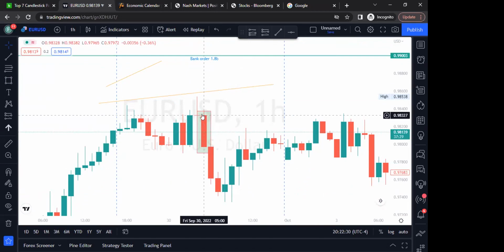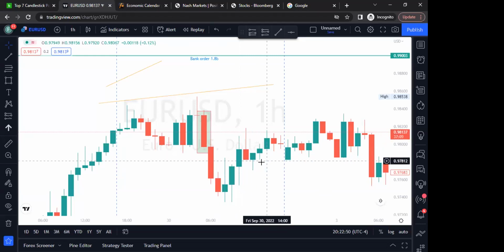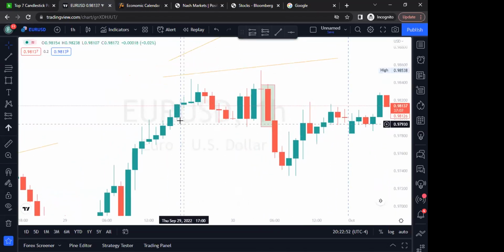So this candle started right here and it ended down here. Because what I taught the guys in the group was, when there's a bearish candle, they always open from the top of the body and it goes downward. That's how you know it's a bearish candle.